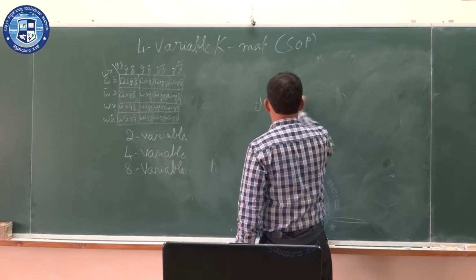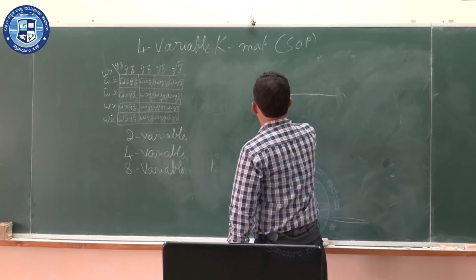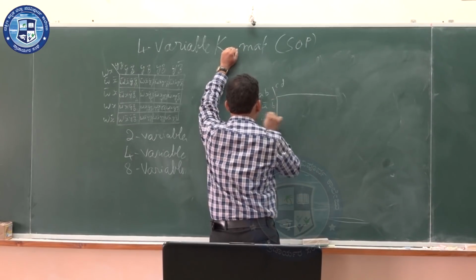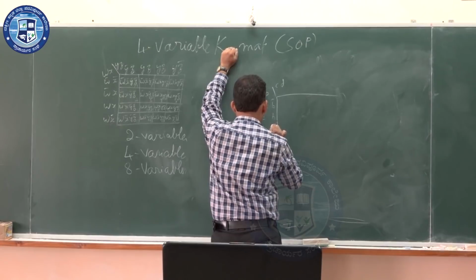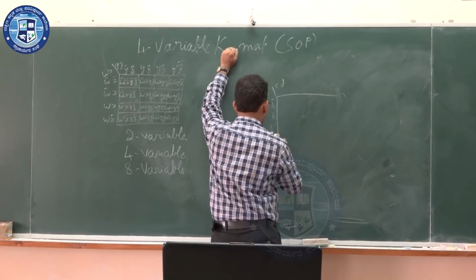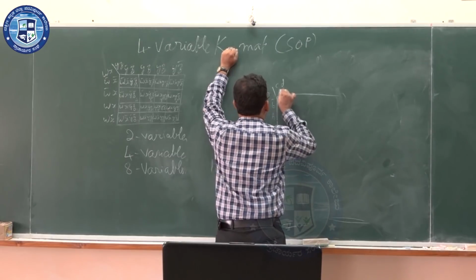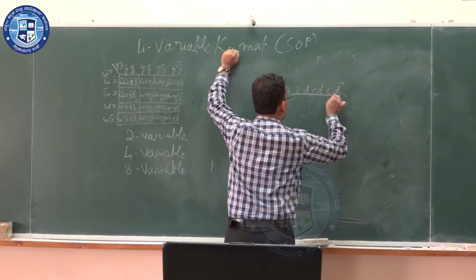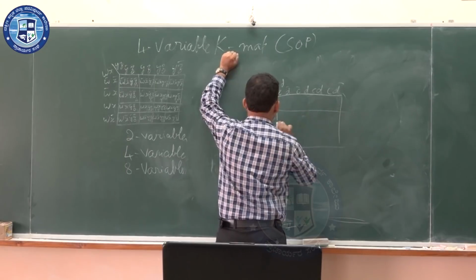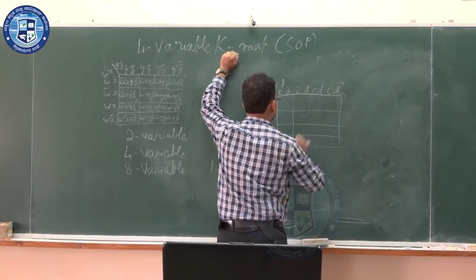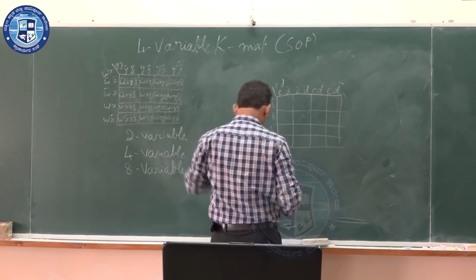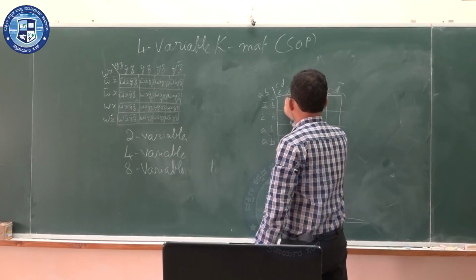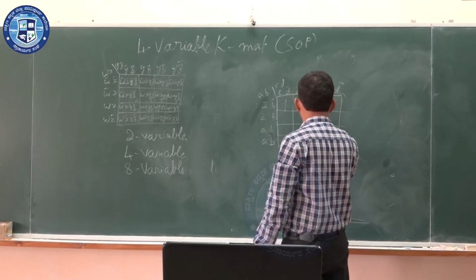So, to draw a simple K map: A, B, C, D, A bar B bar, A bar B, A B, A B bar, and C bar D bar, C bar D, C D, C D bar. Now, I will just write a few numbers or min terms to show you the pairing. Let me put 1, 1, 1.